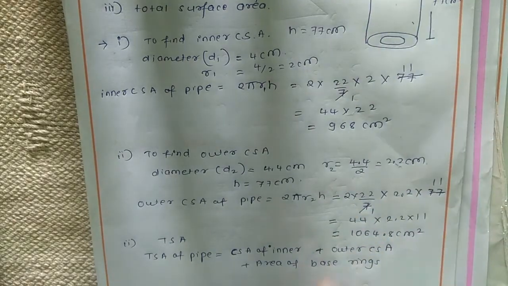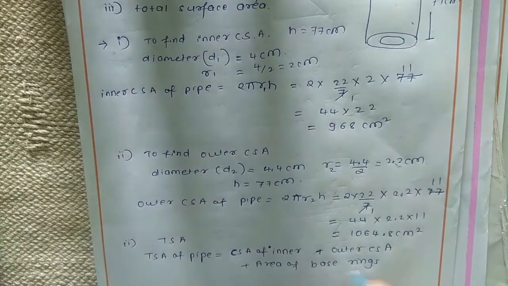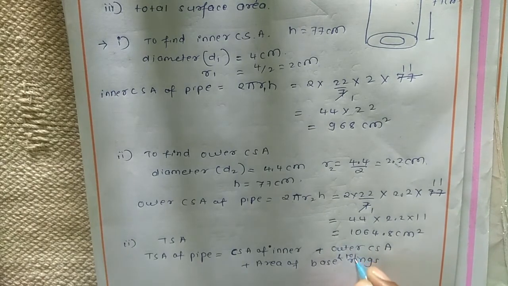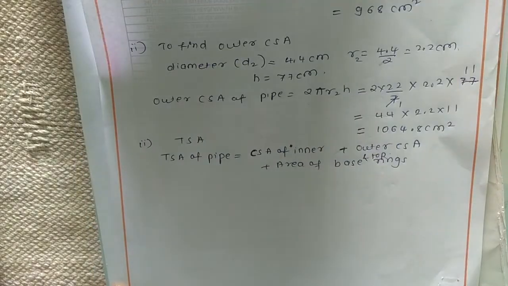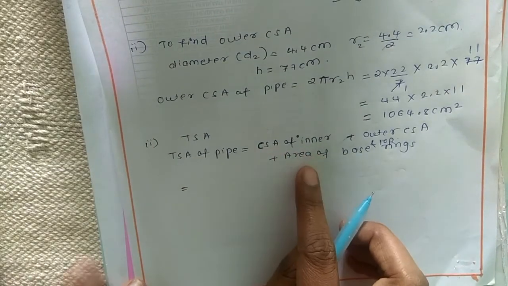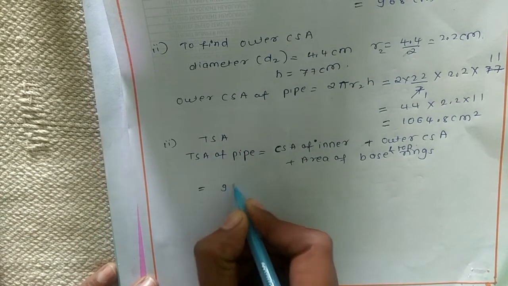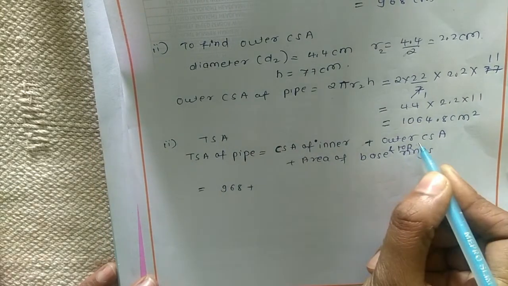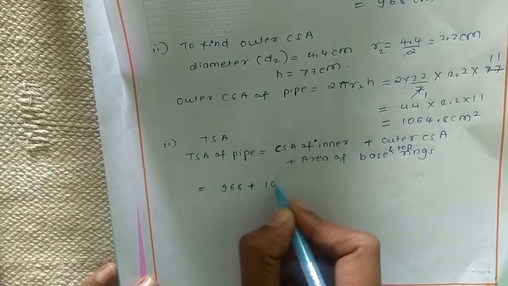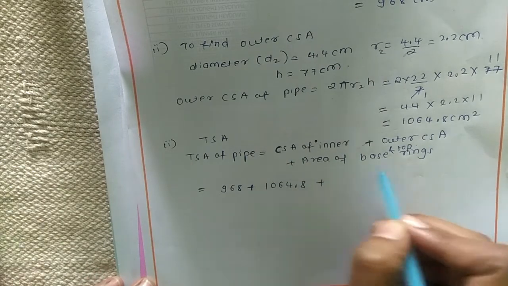Once you find the area of base, you can take this as base or this as base. So that's why base rings it is said. Or you can take area of base and top rings. So we'll write here whichever things we have. CSA of inner, that is inner curved surface area, we have here 968, plus CSA of outer part, outer surface, that is we have 1064.8, then plus areas of base rings.